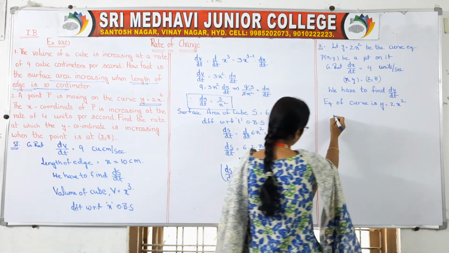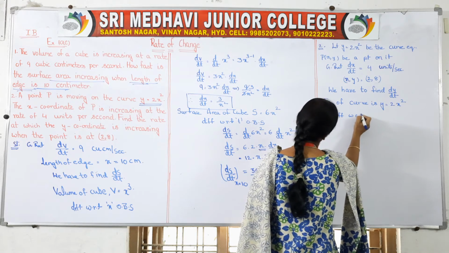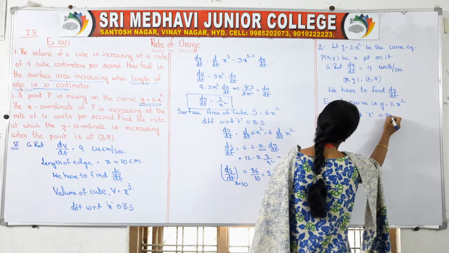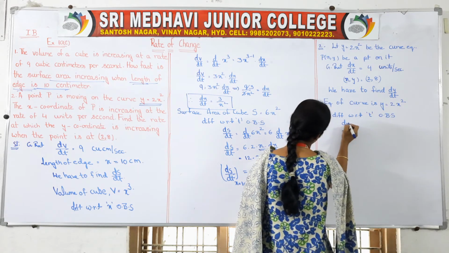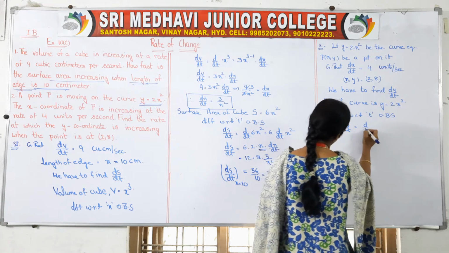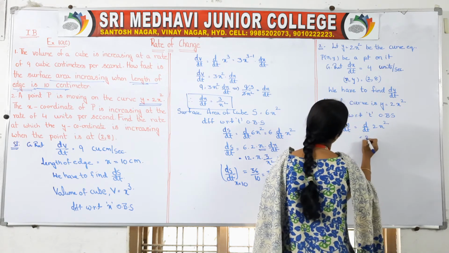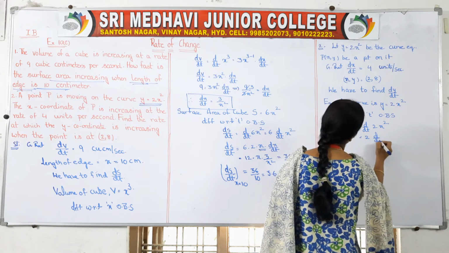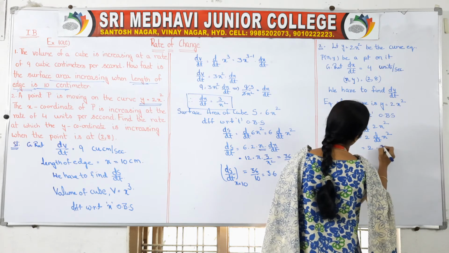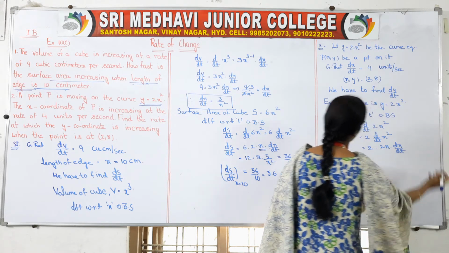So differentiating with respect to t on both sides, dy by dt is equal to d by dt of 2x square, which is 2 into d by dt of x square, that is 2 into 2x into dx by dt.